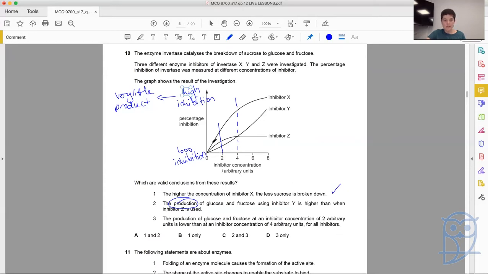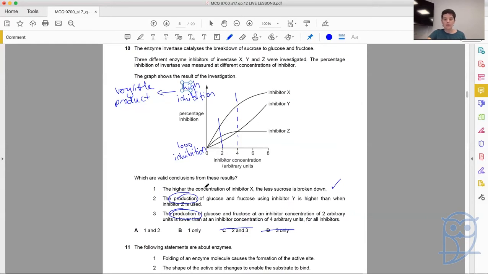Well, it is suggestive of the relationship, but we've got that same problem. It's production of glucose and fructose. So we definitely confirmed that we like 1. So we can knock out C and D. So then we're down to 1 and 2 or 1 only. And the problem with 2 is that production story. So we are going to go with B, 1 only.